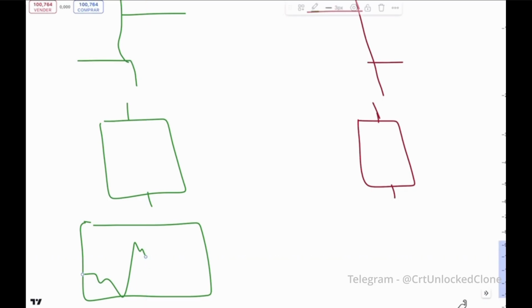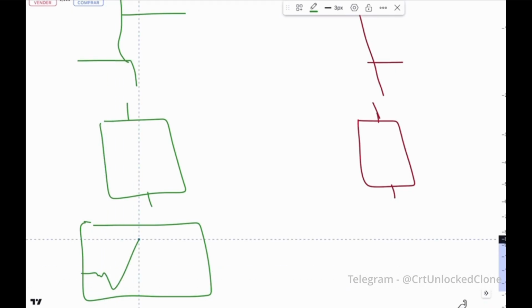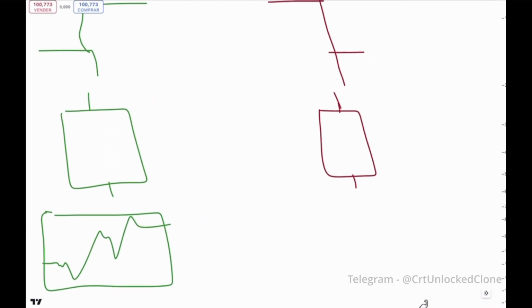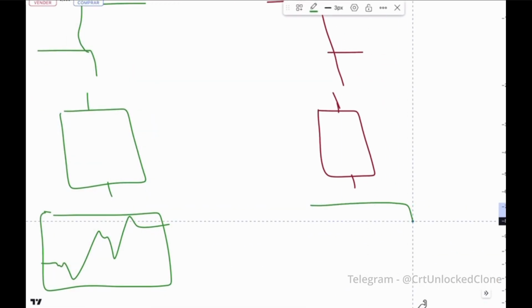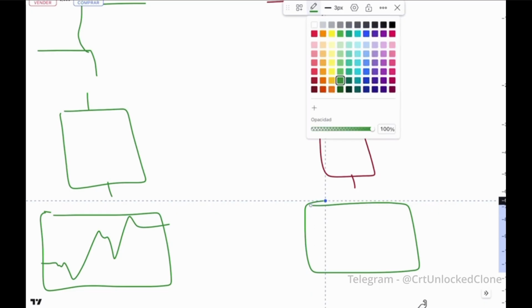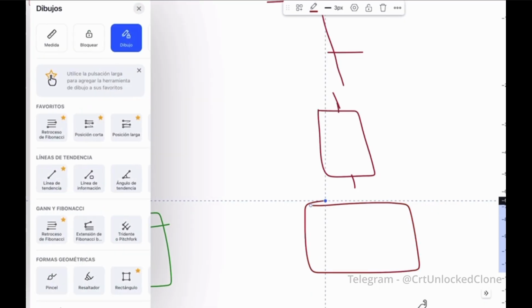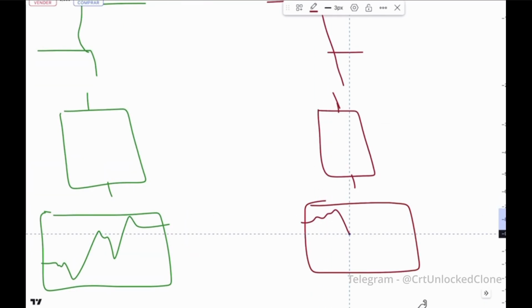Let's make it a bit, I'm a doctor, but you know, let's make it a bit more artistic. You're trying to trade this. You are not trying to trade the pattern. Do you see how different this is?